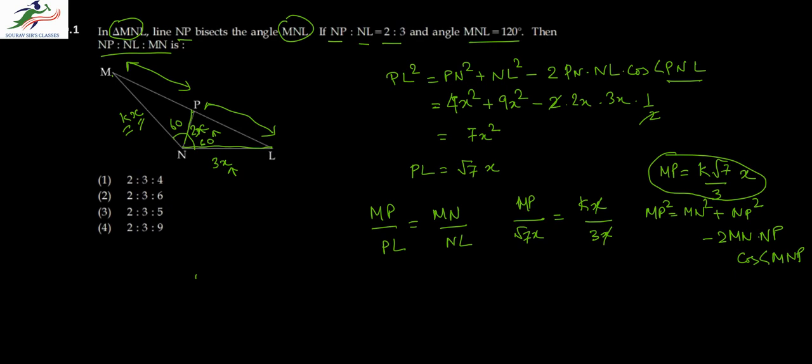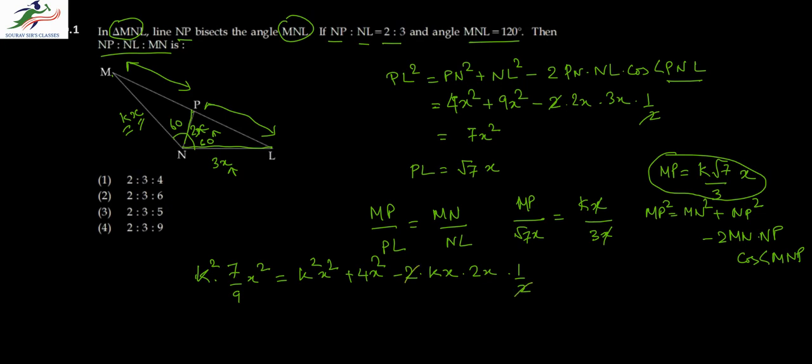So that means k square into 7 by 9 x square is equal to MN square, which is k square x square, and NP square is 4x square, minus twice MN is kx, NP is 2x, and cos of angle MNP is cos 60, which is half.